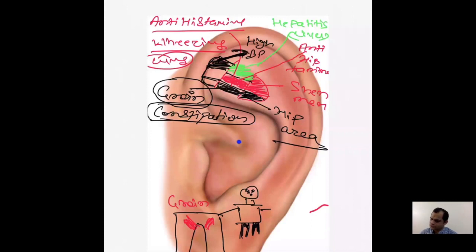And the center point is connected with the uterus in the female and prostate in the male. So this was our discussion in the previous class.